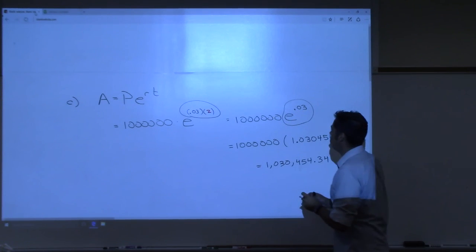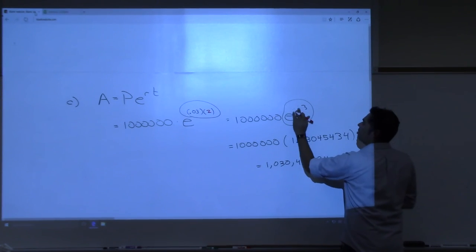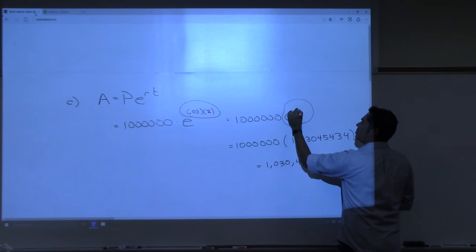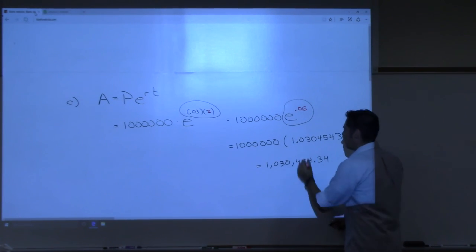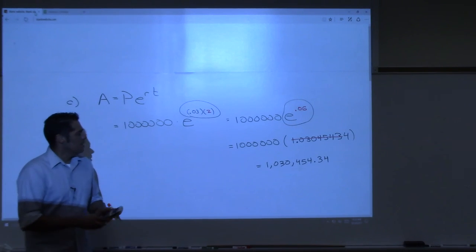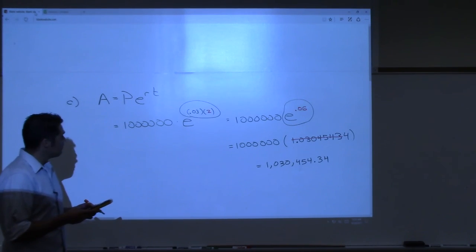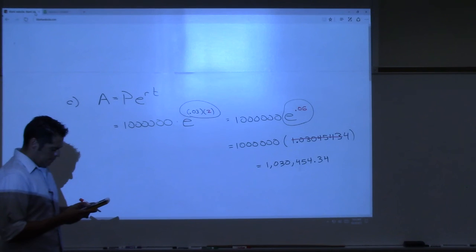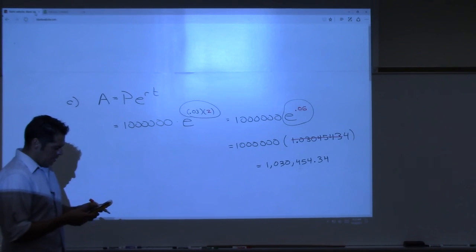If I change that to a 2, then this number right here becomes 0.06, and then I have to change this number. So I need to go get on my calculator and do e raised to 0.06.